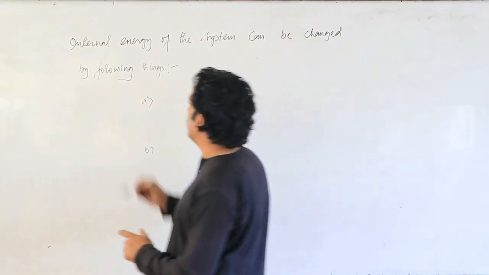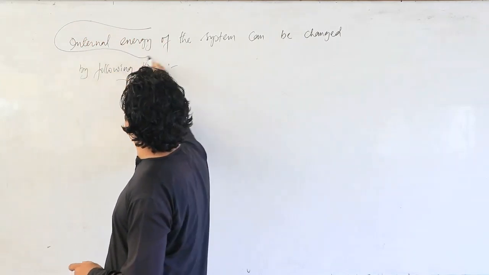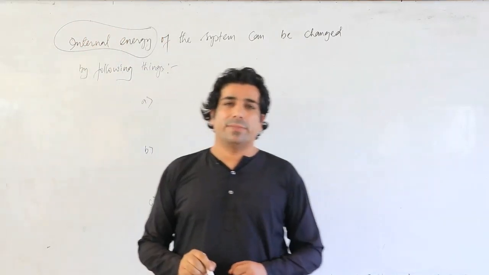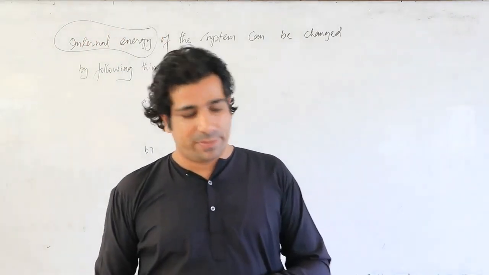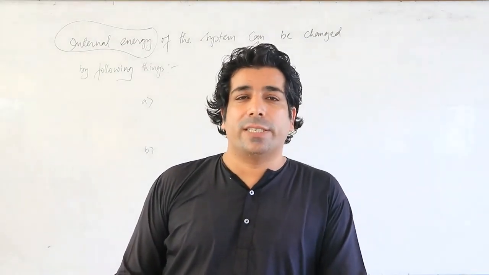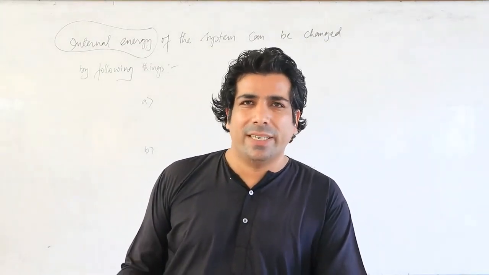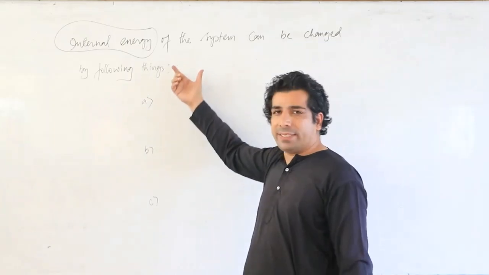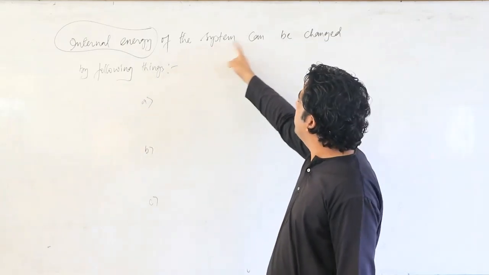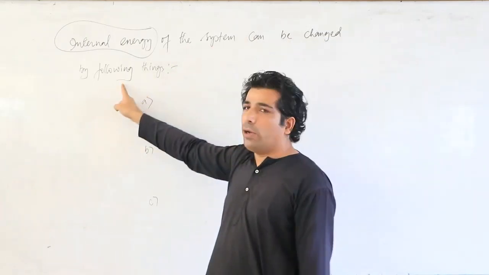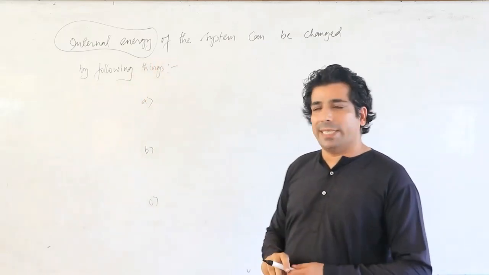Now, how can the internal energy of a system be changed? Very easy. I have written some of the facts here. The internal energy of the system can be changed by the following things. Let us see one by one.